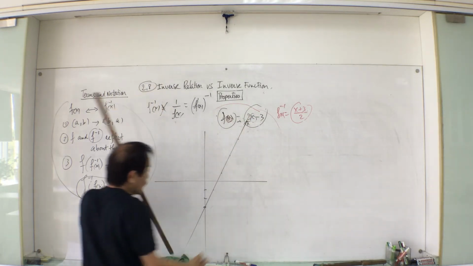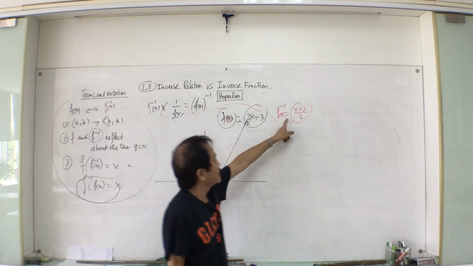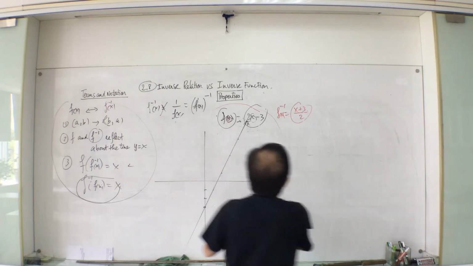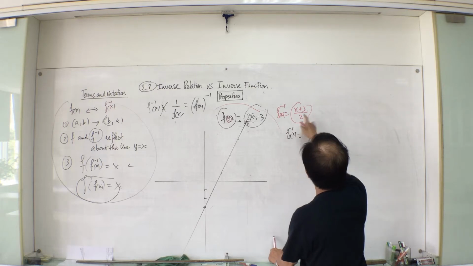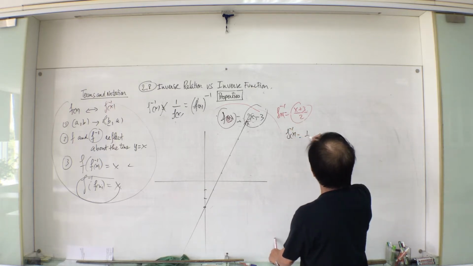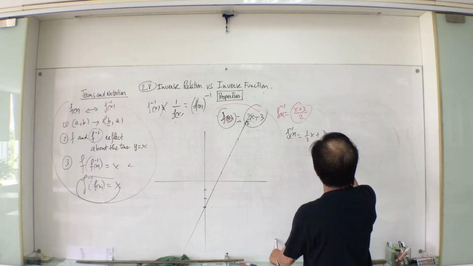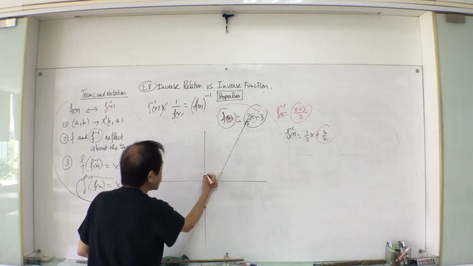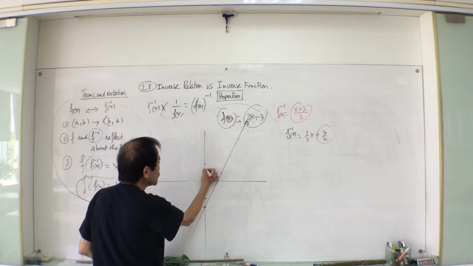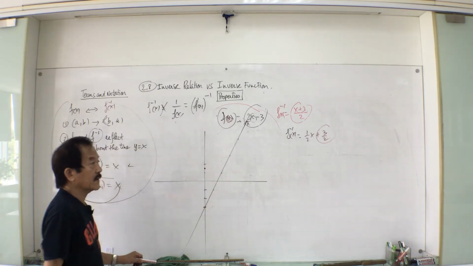Now the next one, I graph this one. So f inverse of x equal, let me divide this by 2, 1/2 of x plus 3/2. Why 3/2? 3 divided by 2 equal 1.5, right?